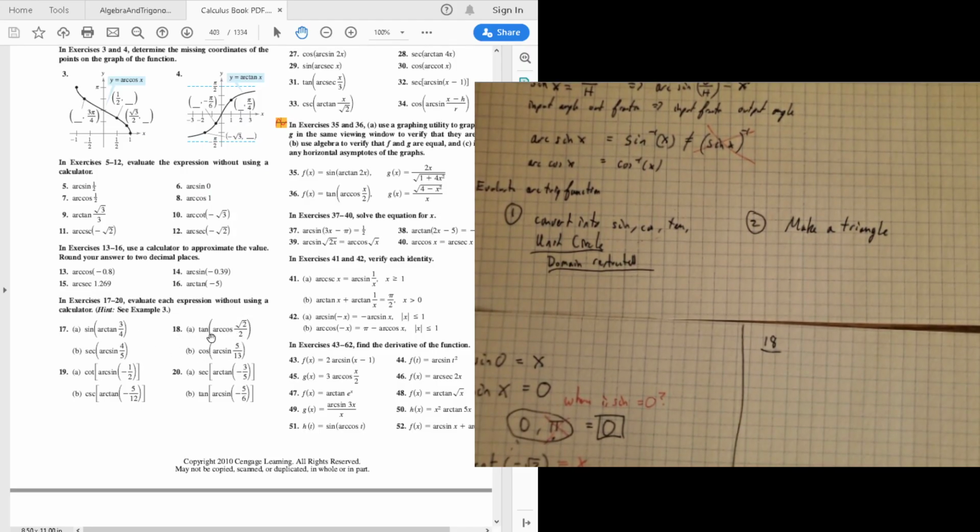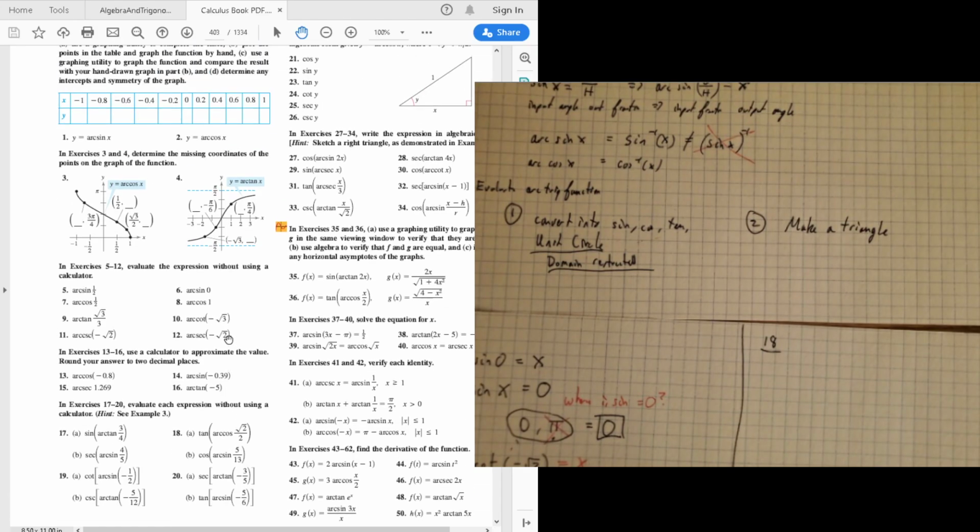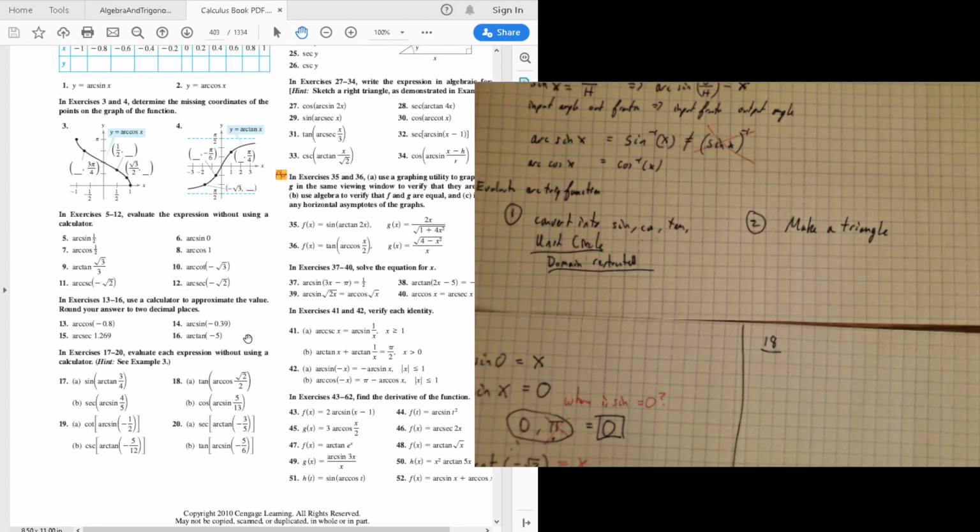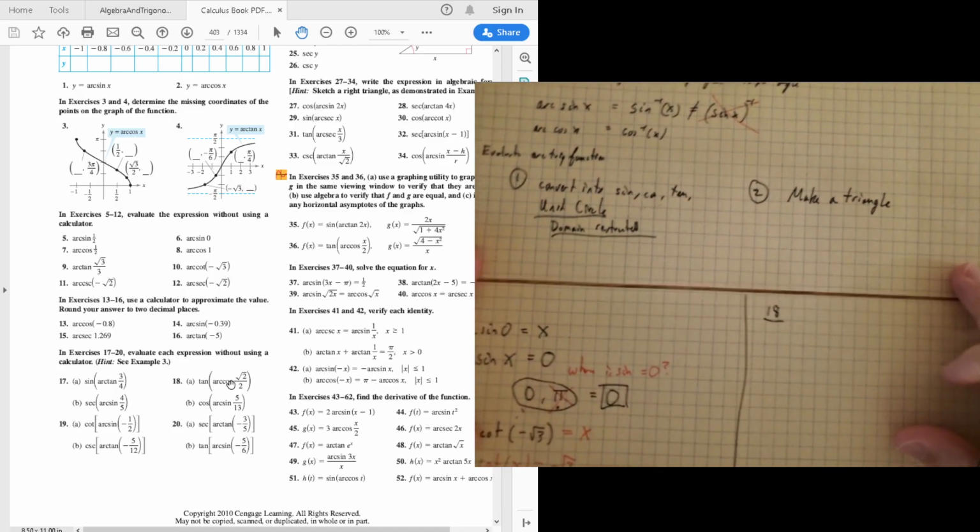Number 18 states, find tangent of arc cosine. So here's the big detail: these two don't interact well by themselves. And so one of the things you can do is write arc cosine as a triangle. What have they told us?